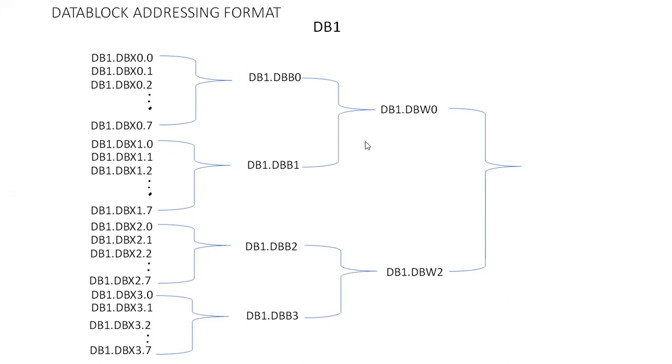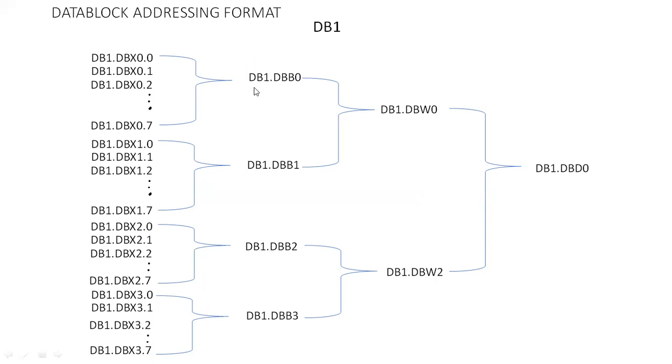If I add 2 bytes, it becomes 1 word, so the next is DBW2. For double word address, it will be DB1 dot DBD0, DBD4, DBD8, and so on. So we are also sharing this memory in terms of bit, byte, word and double word formats.